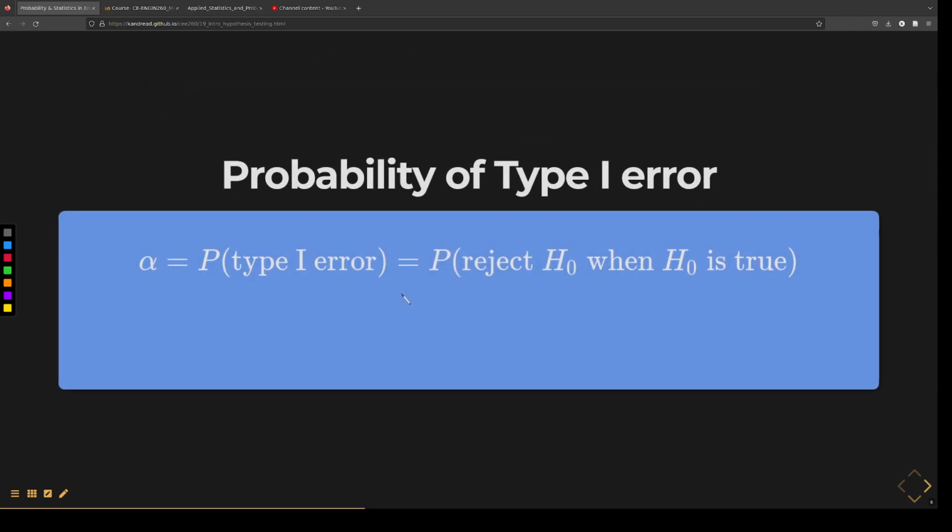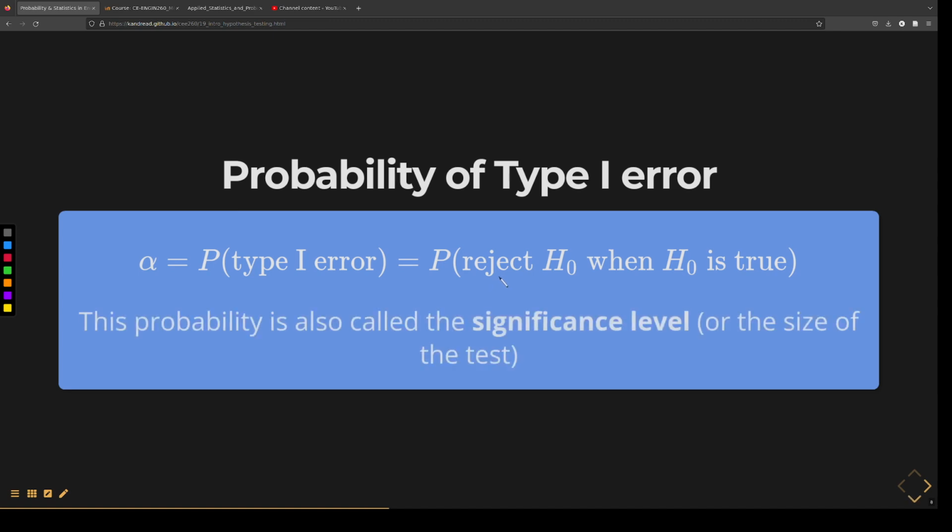Now, if we think about the probability of a type 1 error, that is the probability of rejecting the null hypothesis when H naught is true. And that will be the alpha level. And this is very similar again to confidence intervals, but we have to reformulate what goes in that probability.